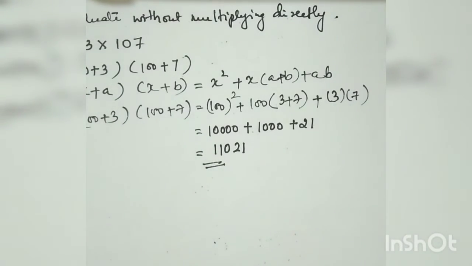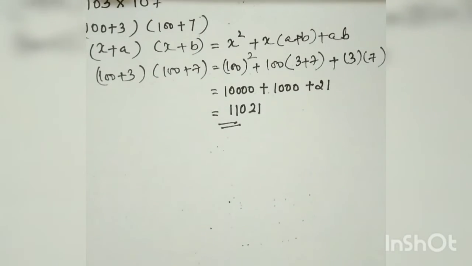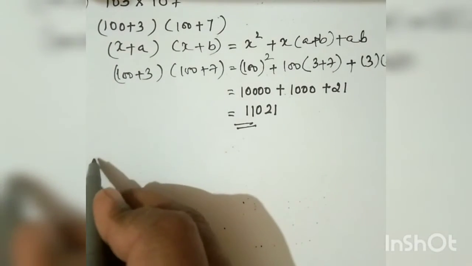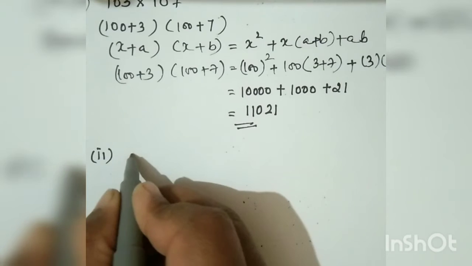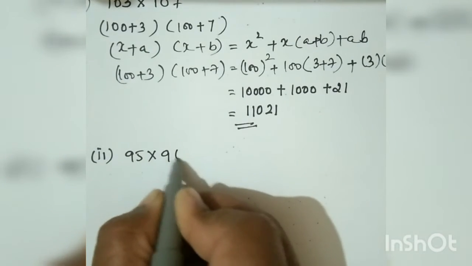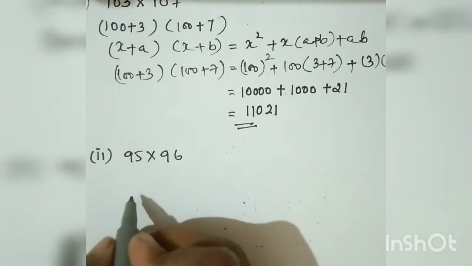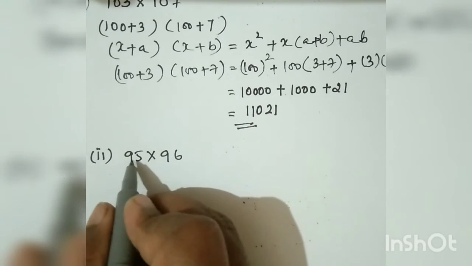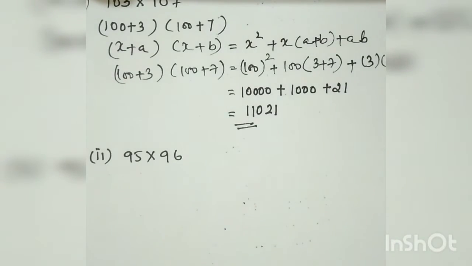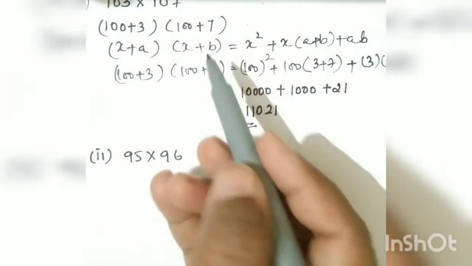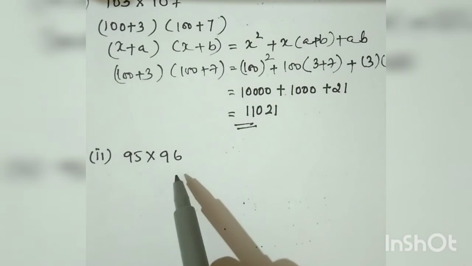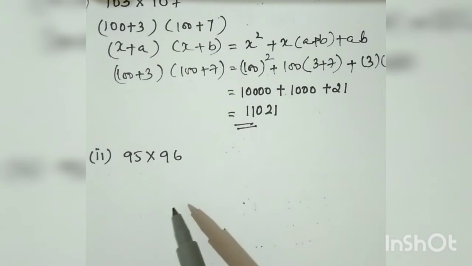Okay, so now let's see the next question. Second one is 95 into 96. You have to split and write. You can either write it as 90 plus 5 and 90 plus 6 and apply this, but when you write 90 plus 5 and 90 plus 6, calculation will be more.